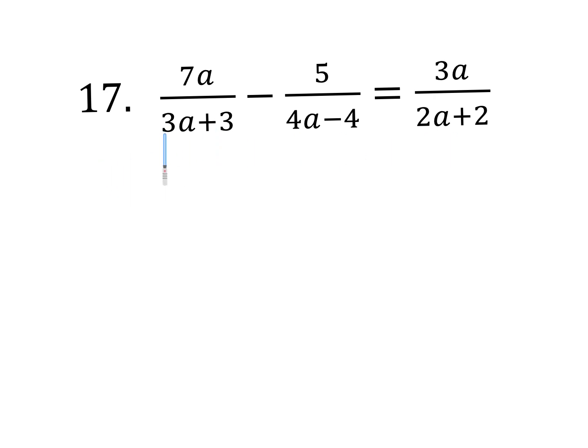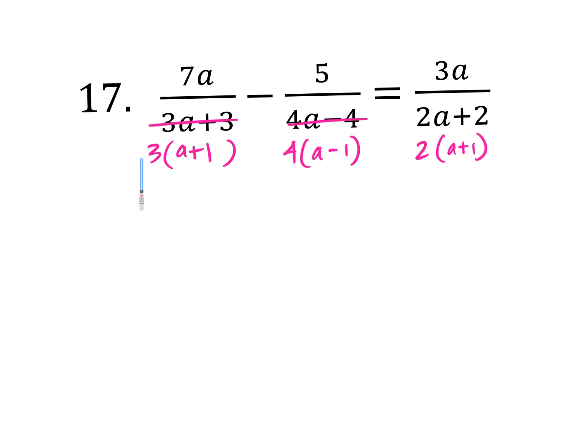Things can factor. What does this guy factor to be? 3 times a plus 1, is that equivalent? What about this one? 4 times a minus 1. What about this one? 2, and then an a plus 1. Does this make you happy, Beck, that we have an a plus 1 and an a plus 1? At least one of them matches, right?